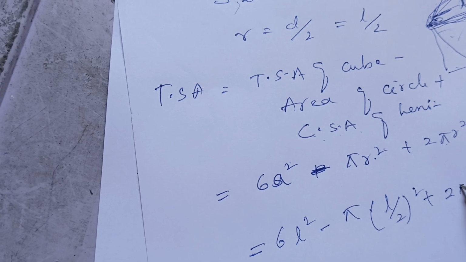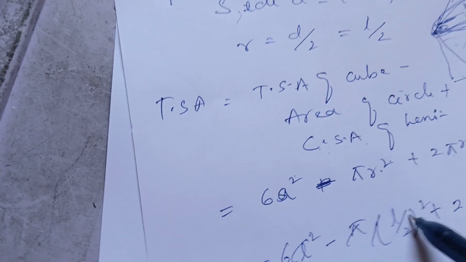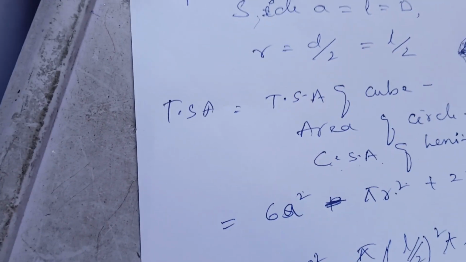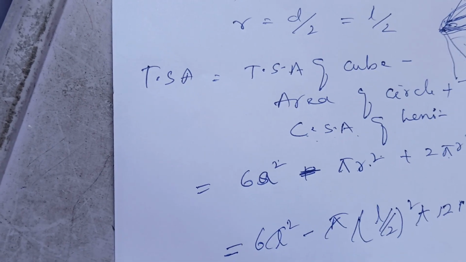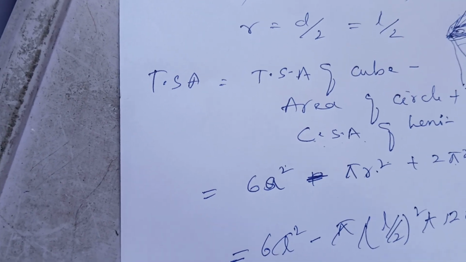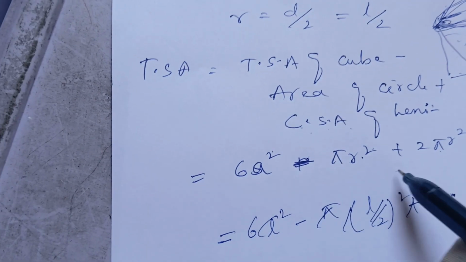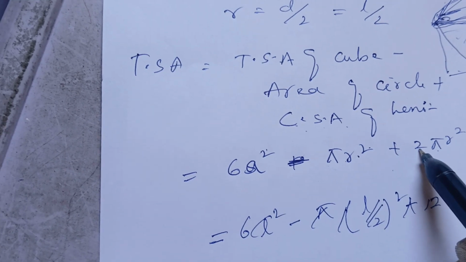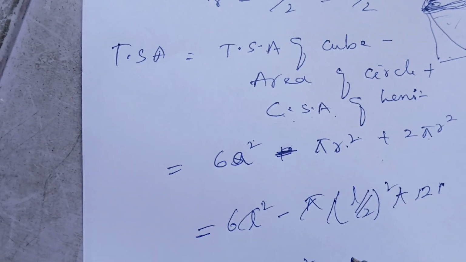Before that, we can do the subtraction: minus pi plus 2 pi is 1 pi r square.